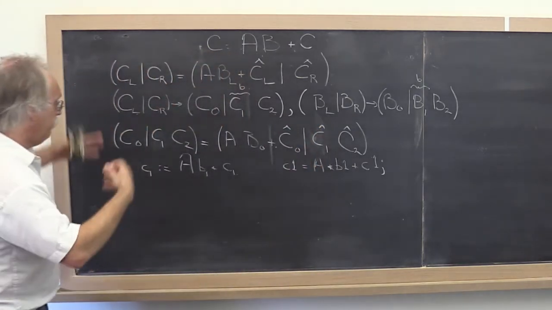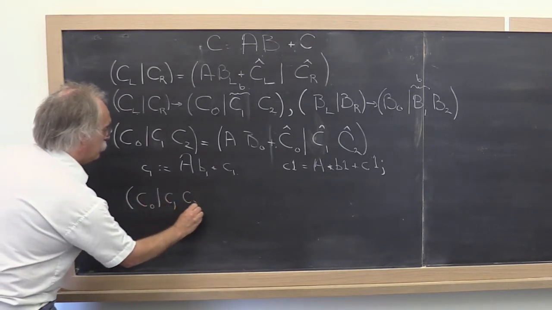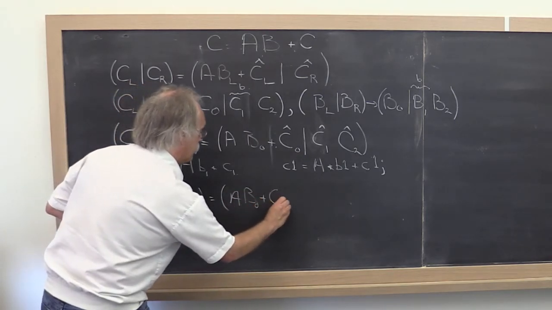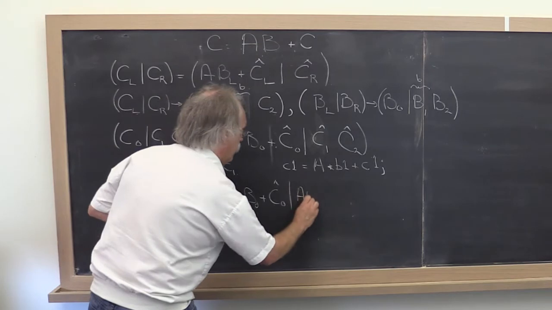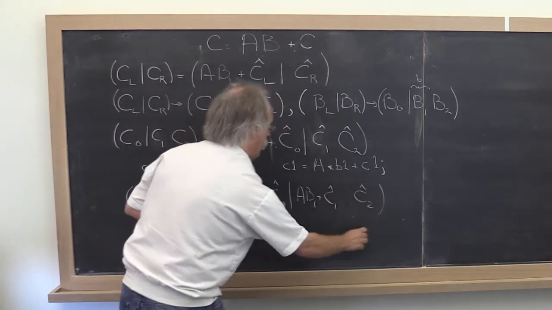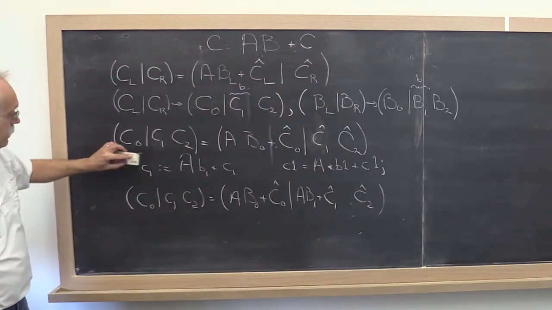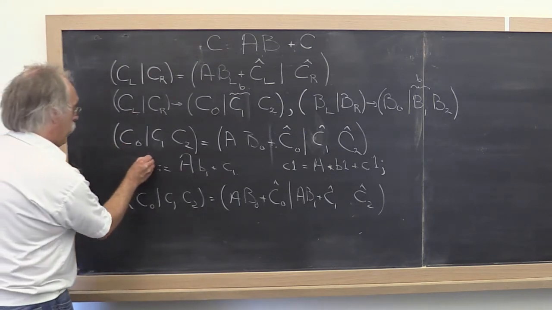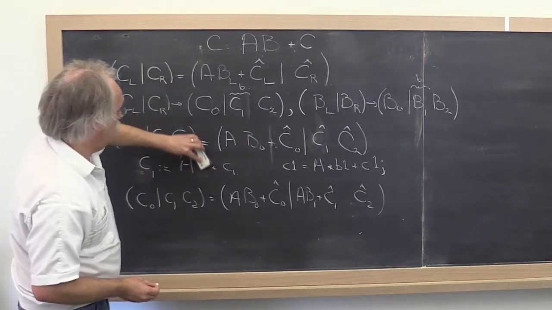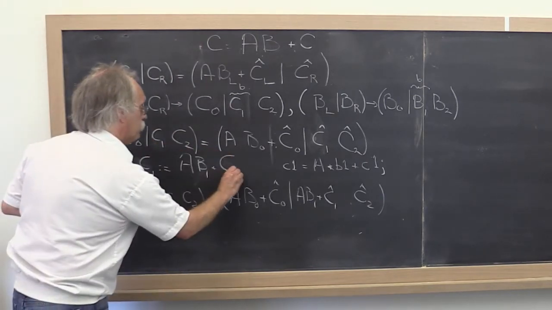For step 7, if you worked it out, you would get C0, C1, C2 is equal to A B0 plus C0 hat, A B1 plus C1 hat, C2 hat. And if you then compare that to that, and ask how do I need to update, this C1 would become a capital C1 because now it's a submatrix. The B1 would become a capital B1, and this C1 would become a capital C1.